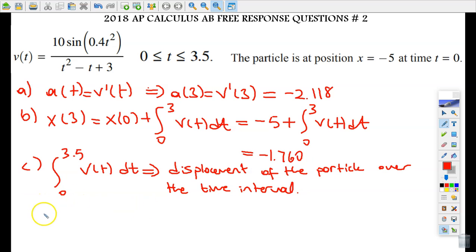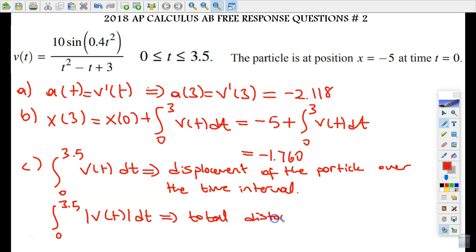And the expression from 0 to 3.5 of the absolute value of v of t dt is going to give us the total distance traveled by this particle over this specific time interval.